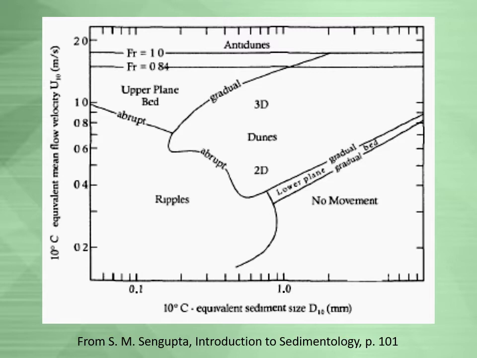So there is a vast field of ripple marks, then it goes to dunes, then with increasing velocity forms the upper plane bed, and when the fluid number exceeds 1, it forms antidunes.